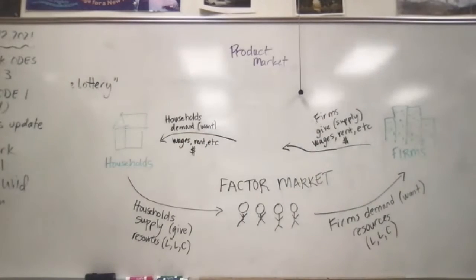Money in the form of wages or rent for the factory or things like that. So remember in the factor market, what's being exchanged? Money for resources. So the firms demand the resources and the households supply the resources. The households demand money for those resources and the firms supply that money.